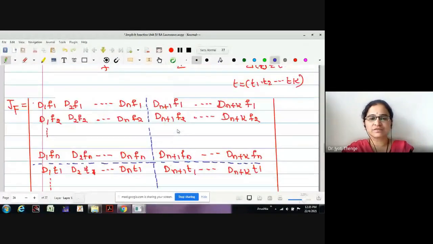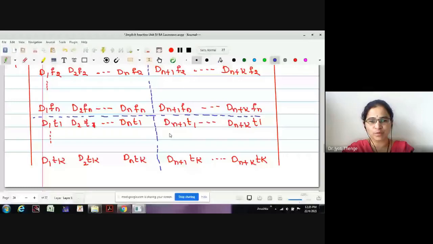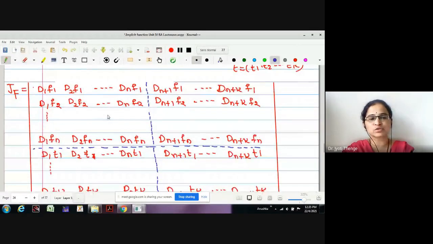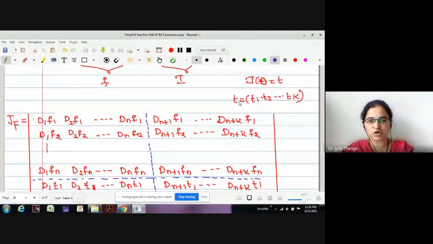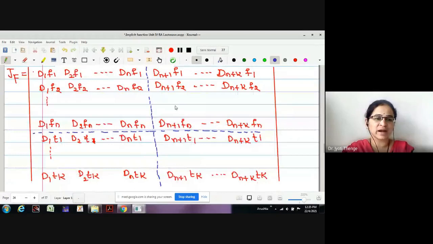Therefore, if I divide the Jacobian determinant into 4 parts, this first part is actually the Jacobian determinant with respect to the small f function. The partial derivative of f1 with respect to t1, t2 to tk will be 0. Similarly, the partial derivatives of all the remaining functions with respect to t1, t2 to tk are 0. Therefore, this is a 0 matrix. This section is a 0 matrix.